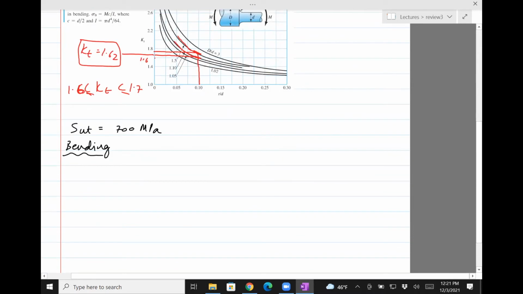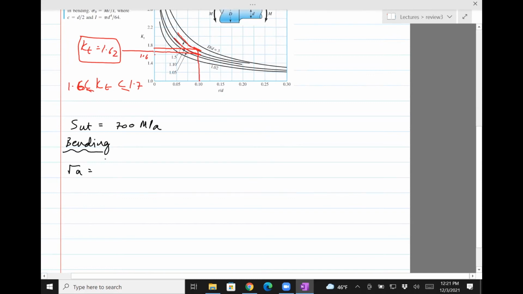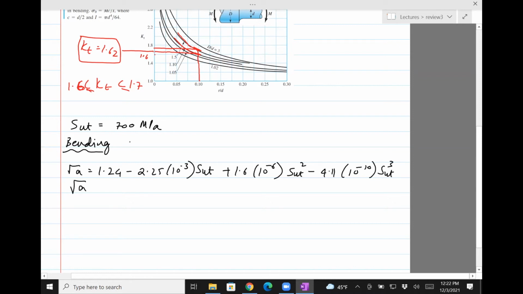For bending, the Neuber formula is square root of a equals 1.24 minus 2.25 times 10 to the negative 3 S_ut plus 1.6 times 10 to the negative 6 S_ut squared minus 2.11 times 10 to the negative 10 S_ut cubed. Plugging in the value for S_ut, you get square root of a is 0.308.